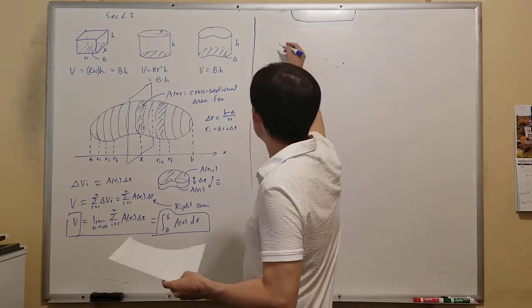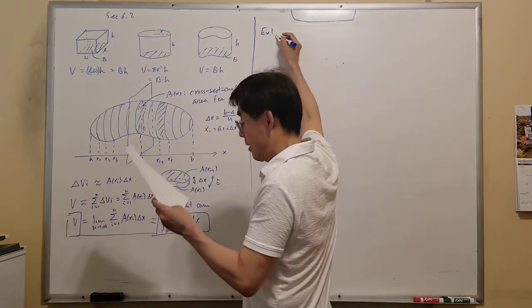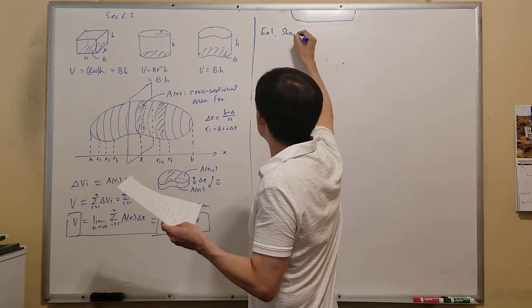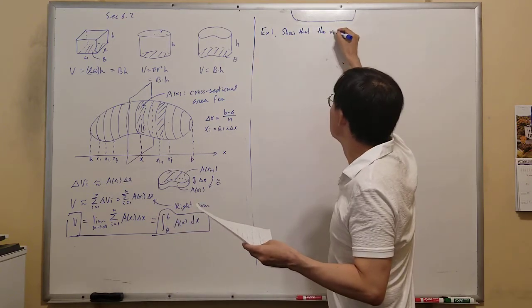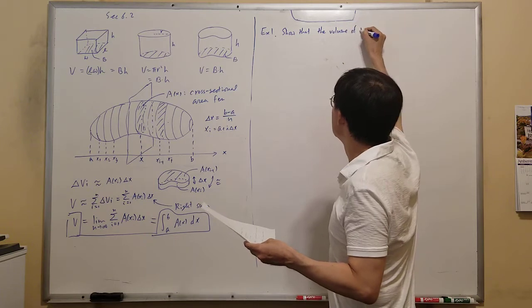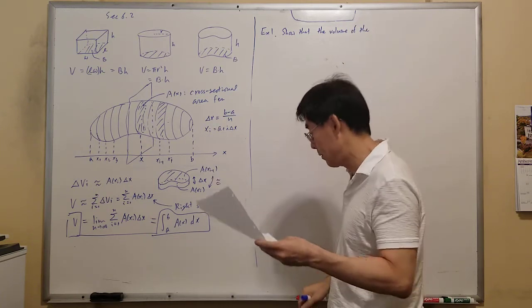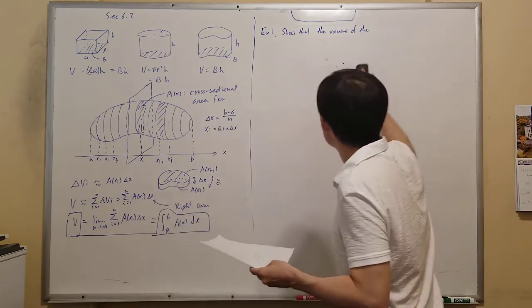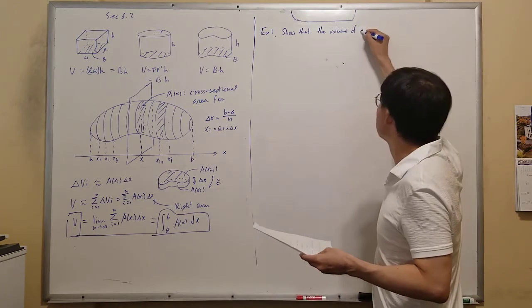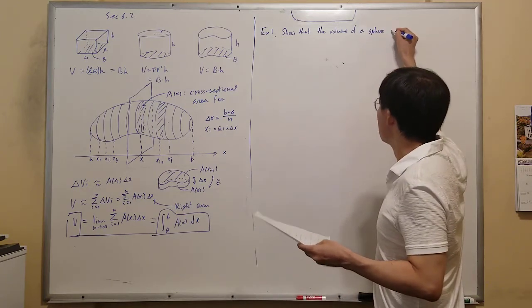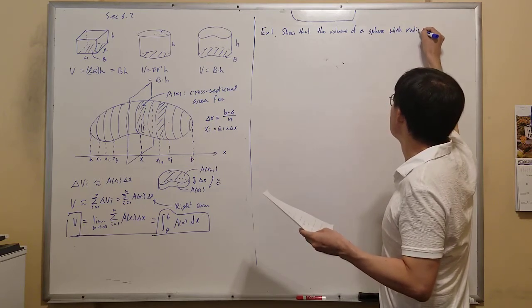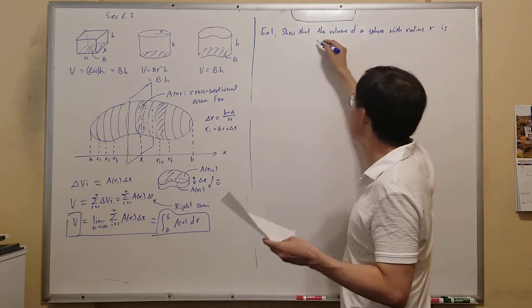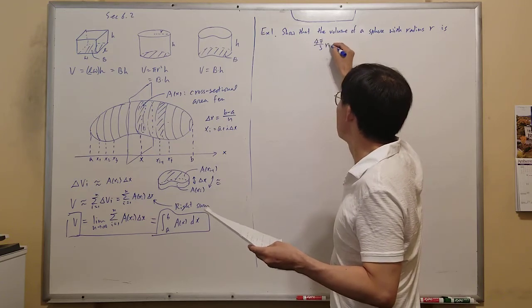Using this, let's prove this. Show that the volume of the sphere with radius r is 4 pi over 3 r cubed.